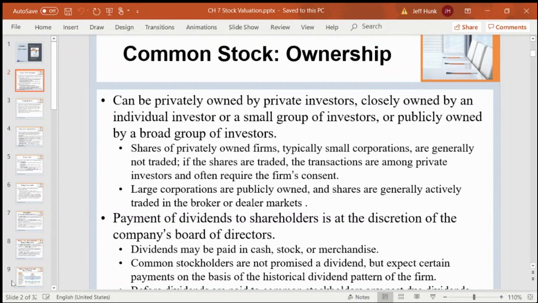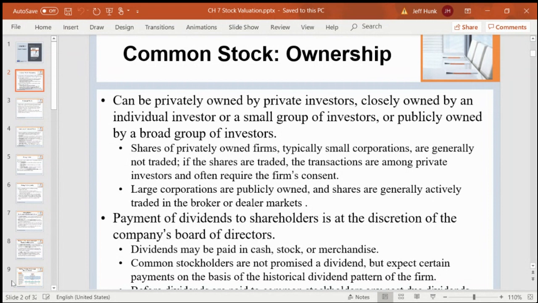Privately held companies are generally small companies or mainly startups. Of course, even a big company can still be privately held. So privately held companies' stocks don't have any market value or market price because they're not traded in the market.